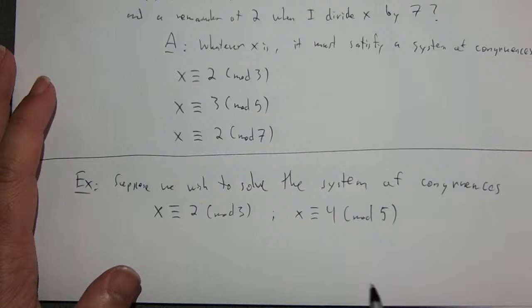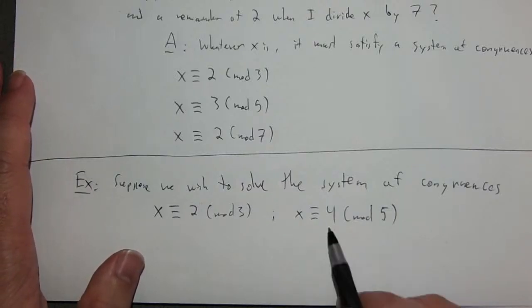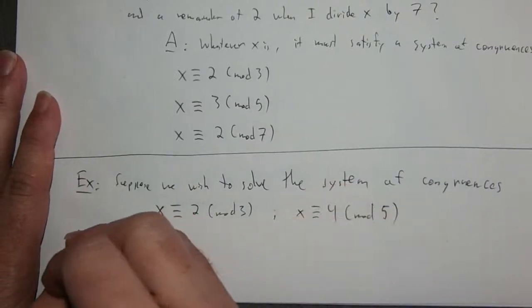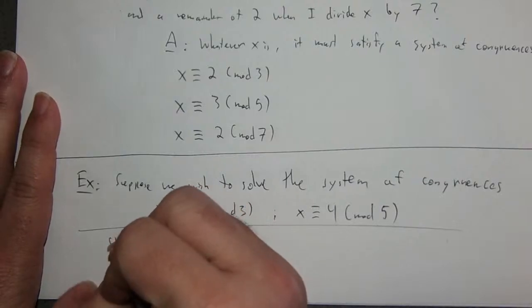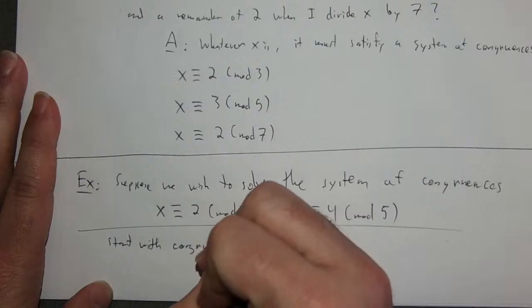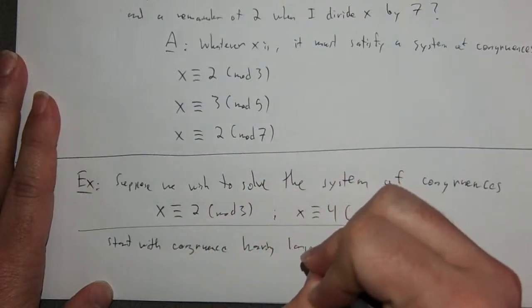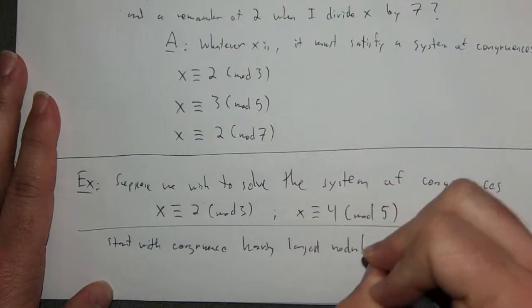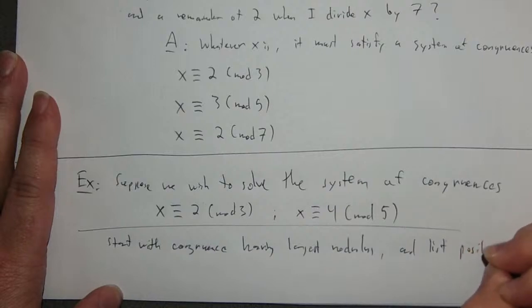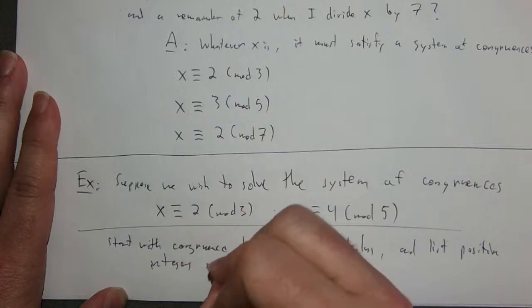Looking at this congruence, what I want to do is start listing the positive integers that are congruent to 4 mod 5. Okay, so I'll start with the congruence having largest modulus and list positive integers satisfying it.